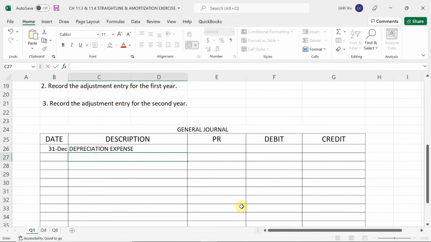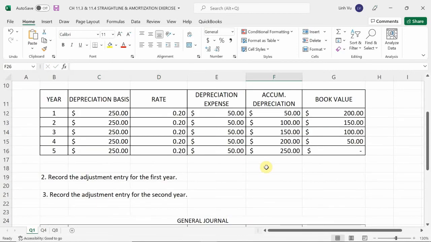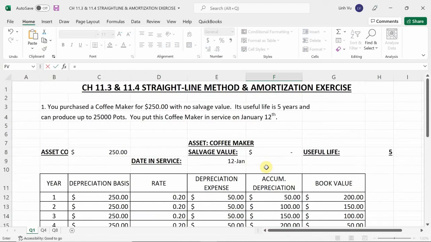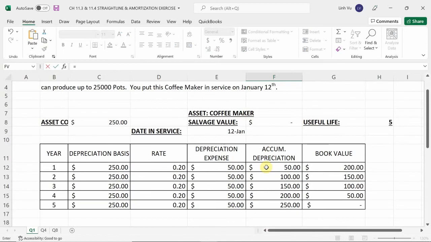It's not 250. What's your depreciation expense for the first year? How much did you depreciate for the first year? 50. It's 50. Good.